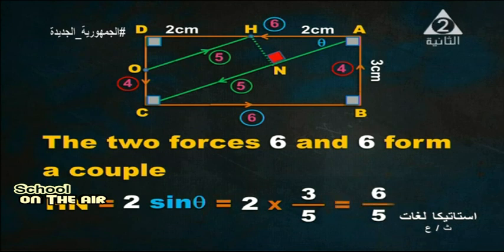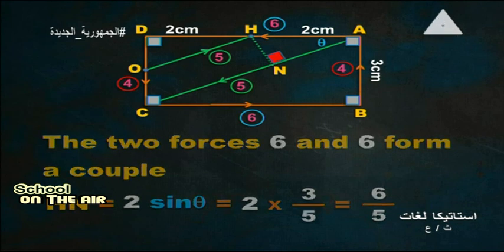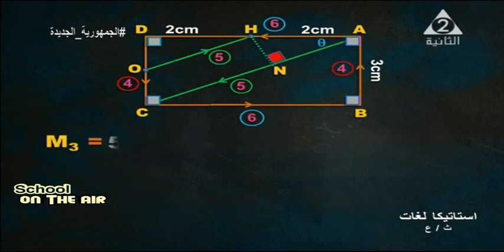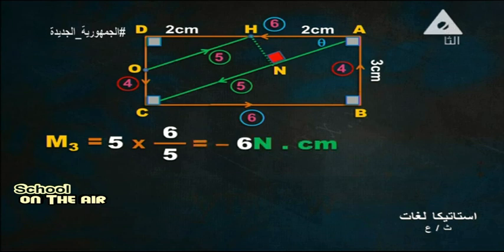Then the moment of the couple 3, with 2 forces opposite in direction and the distance between them HN, equals 5 times 6 over 5 by negative. Therefore, it equals negative 6 Newton centimeter.